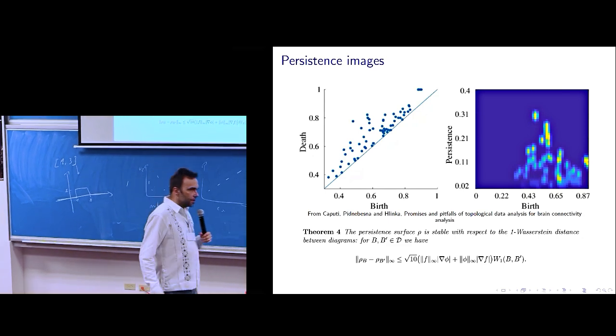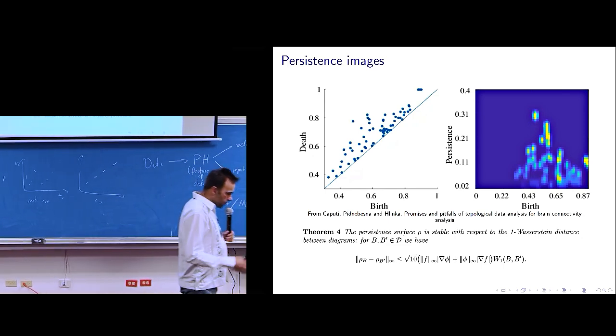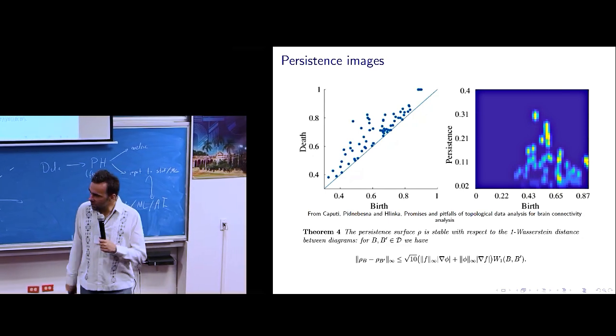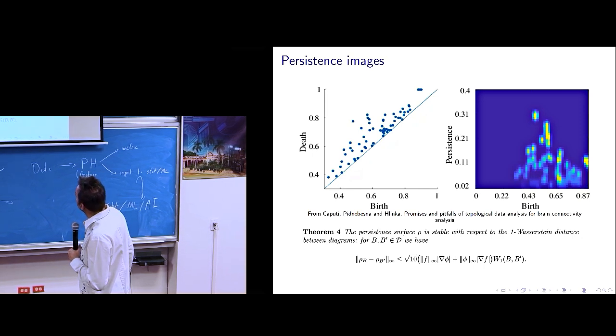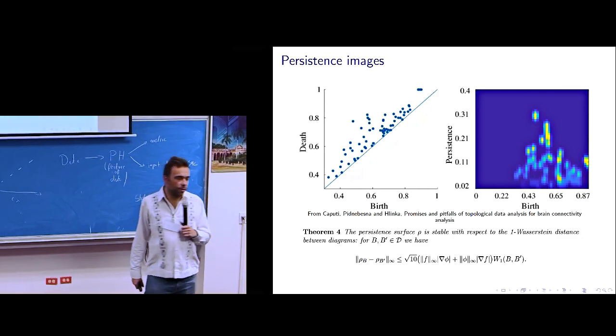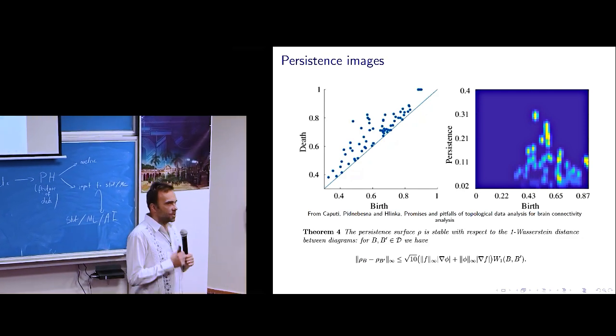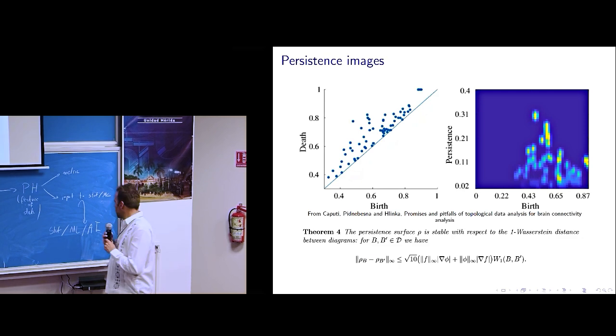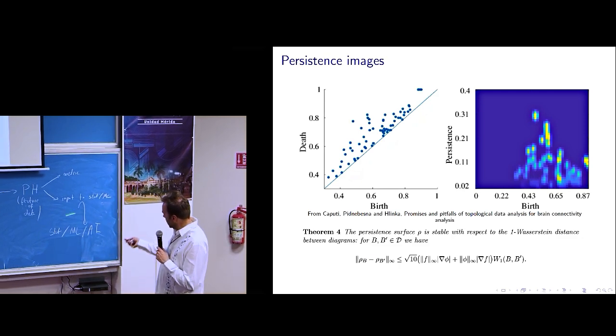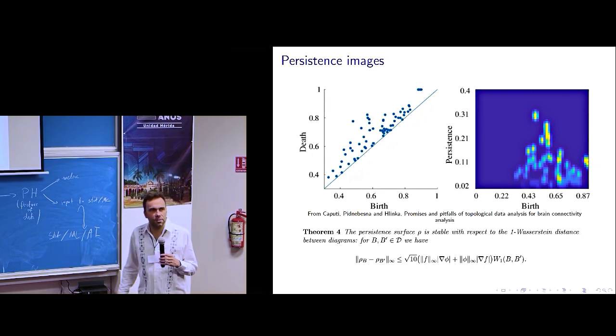So those are the main ways in which you can take a persistence diagram and obtain a function of some sort, or a collection of functions that represents it. And once you have a collection of functions, you can vectorize them, and they serve as a nice input for statistics and machine learning.